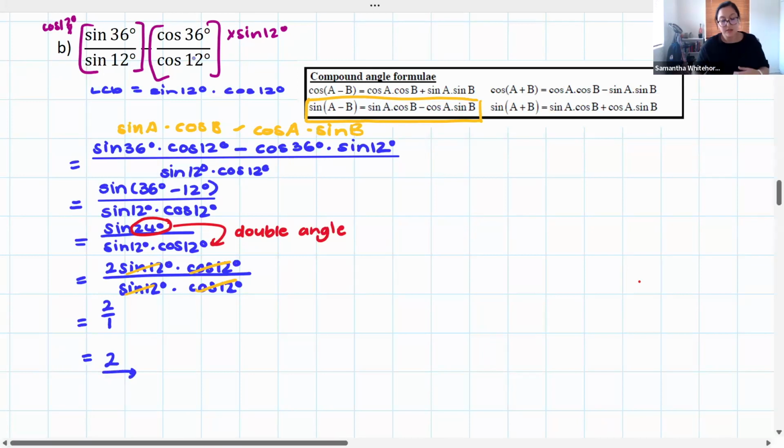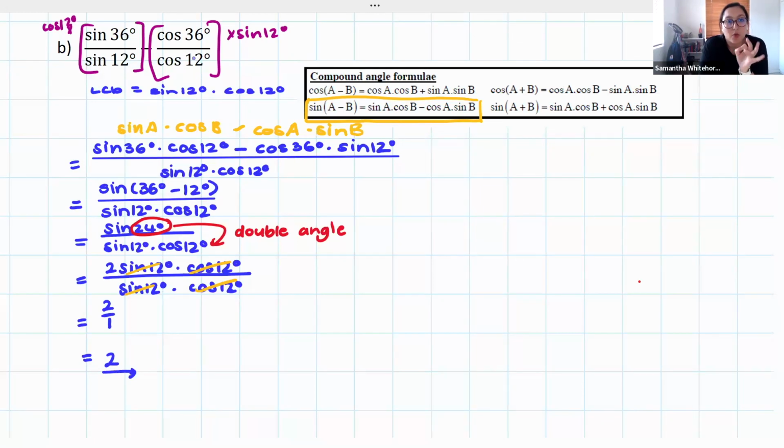So guys, when it comes to these types of questions, again, it's very much dependent on what you're given. And that's what I said in the answer to Kanyasile's question earlier. It depends on what you're given, okay? I can't say to you that every time you find an LCD or that every time you apply the double angle formula. It depends on what you're given.